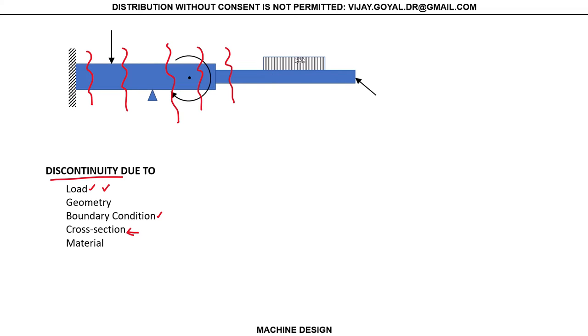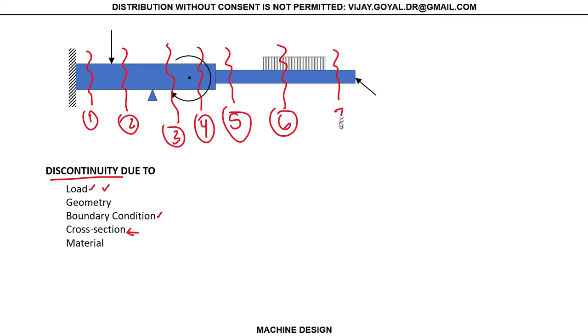Now I have distributed loads, but this still counts as one load. So I have to have another section cut here. And when the load stops, then I need to have another section cut. So that would mean I need to have 1, 2, 3, 4, 5, 6, 7 section cuts for this problem.